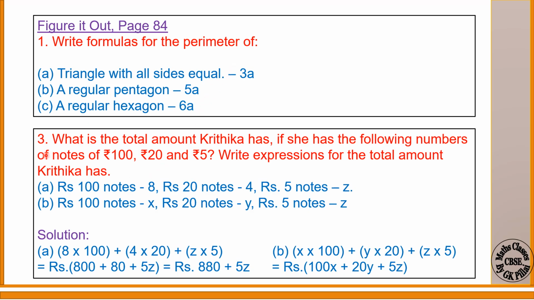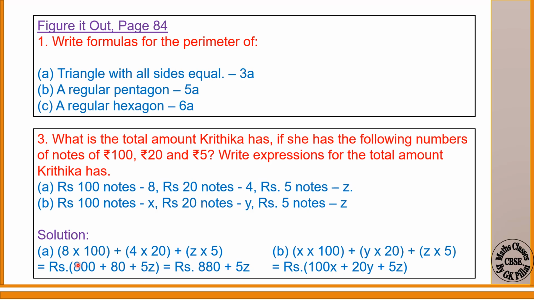Now question number 3. What is the total amount Kritika has if she has the following numbers of notes: rupees 100, rupees 20 and rupees 5? Write expressions for the total amount Kritika has. Rupees 100 notes 8, rupees 20 notes 4 and rupees 5 notes Z. They are not giving any numbers here.